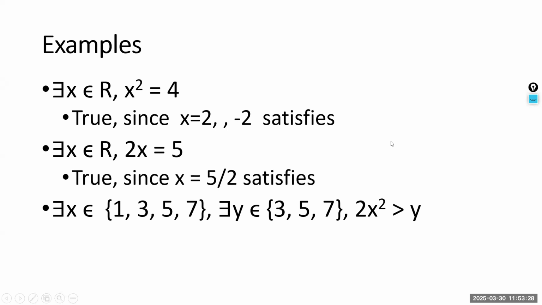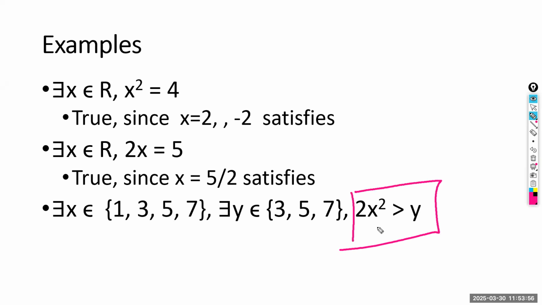What about the third one? There exists x, y, with x coming from the first set and y coming from the second set, such that the condition holds. So that means you must find at least one x, y combination that satisfies this. Can you give me an x, y combination that satisfies this? Just one is enough.